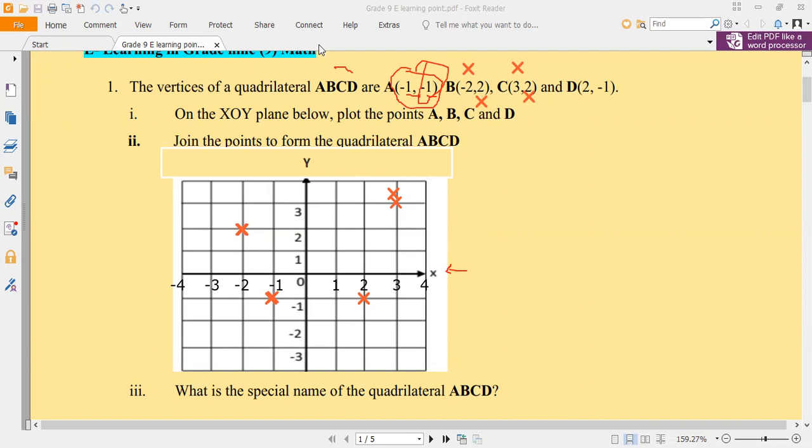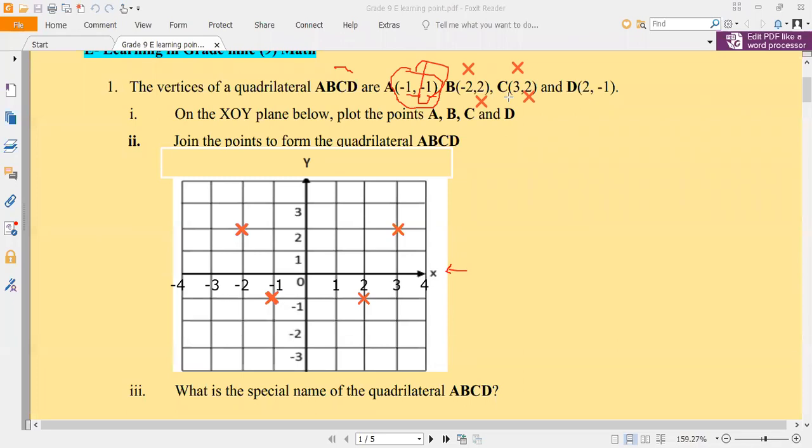And then the other one that we have is +3 on x and 2 on y, right over here. So this one must be removed. Yeah, these are the points that we want.